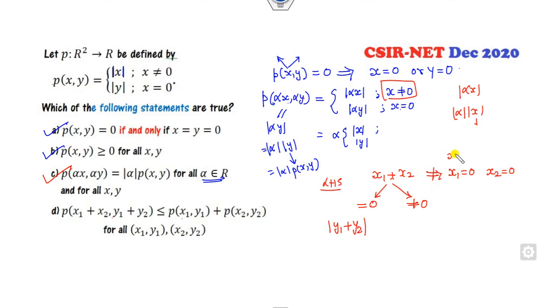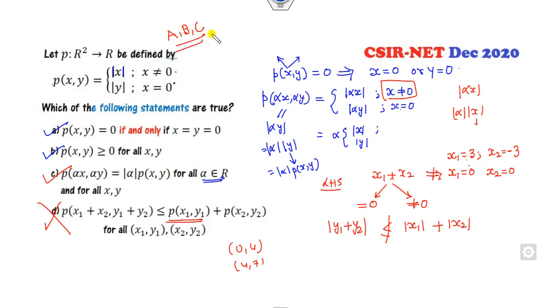It doesn't mean that, because if we choose x1 as 3, then x2 will be minus 3. It means in this case x1 is non-zero. So on the left hand side it is x1 and it is x2. So you can see we can't always say it is true. We can choose any pair like 0, 4, 4, 7 and many others for which it is not satisfied. So the right answers are A, B and C.